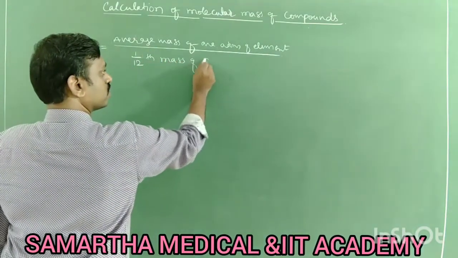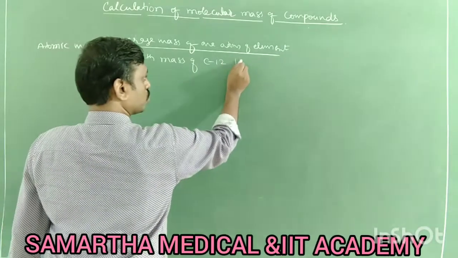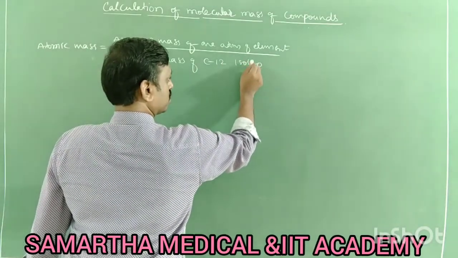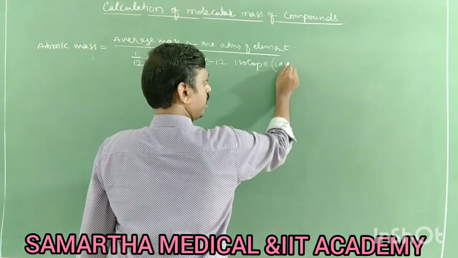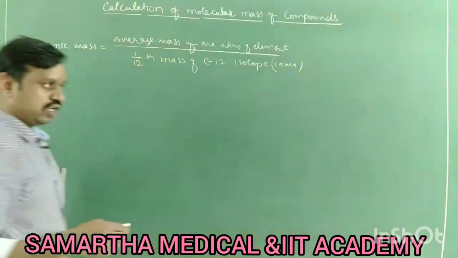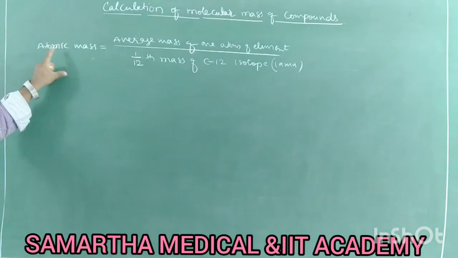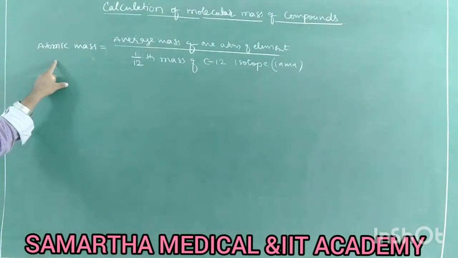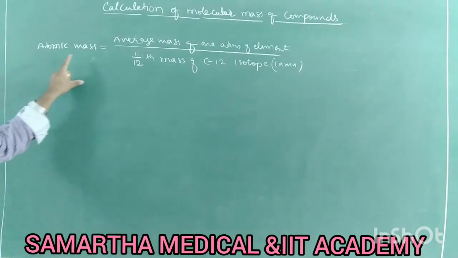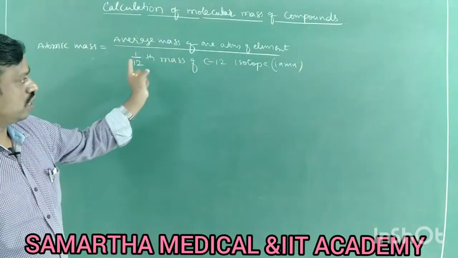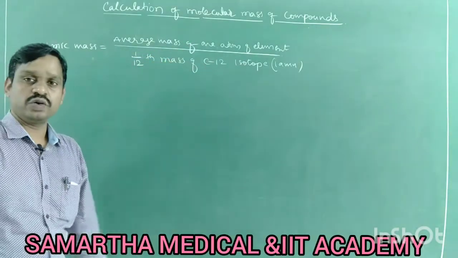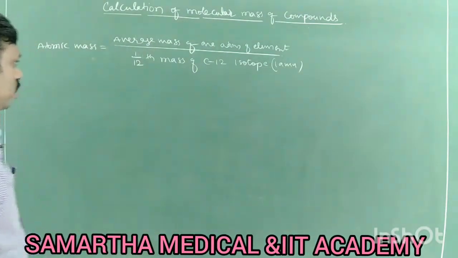Here this 1/12th mass is nothing but 1 AMU. So atomic mass can be defined as the ratio of the average mass of one atom of an element to the 1/12th mass of the C12 isotope.